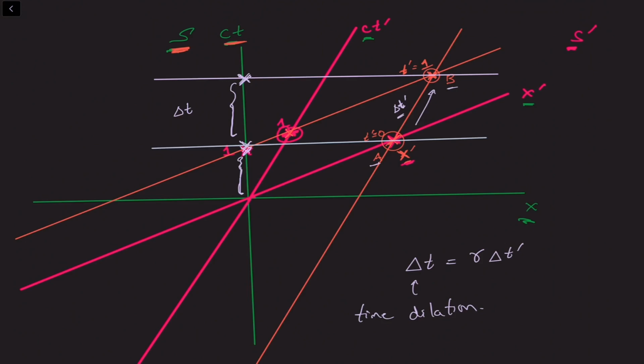What you would have to do is consider the world line of a single clock in the frame S and see what intervals of time pass in the frame S prime when 1 unit of time passes on that clock. Again, I urge you to do this as a homework exercise to check on a space-time diagram the time dilation of a clock which is at rest in frame S.